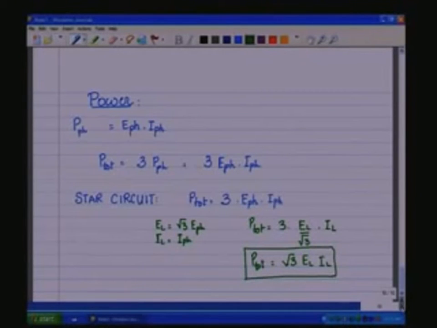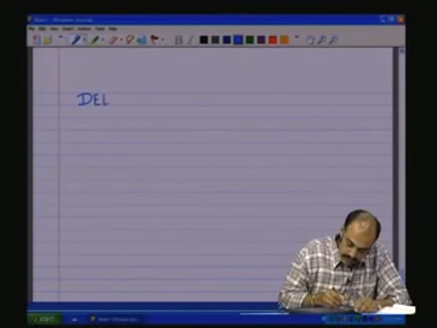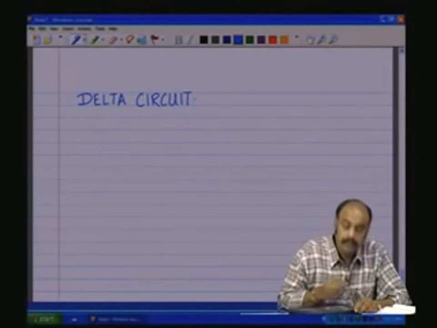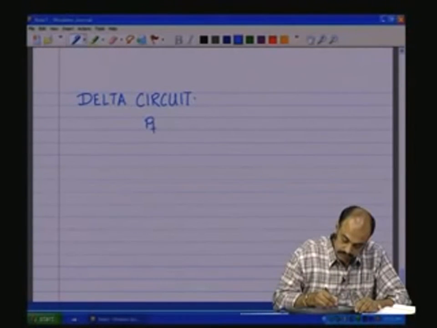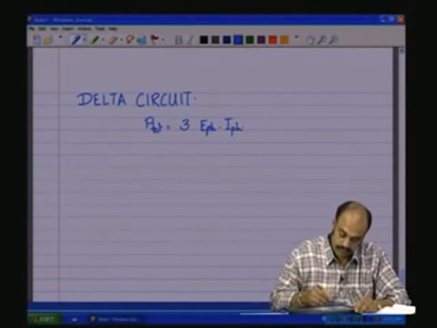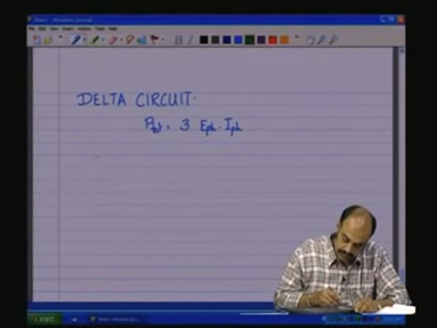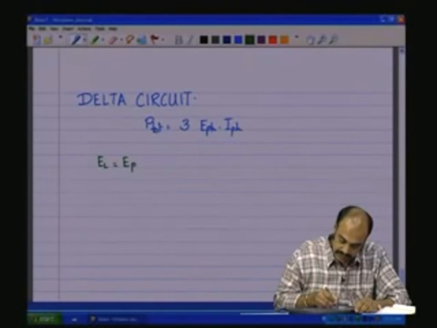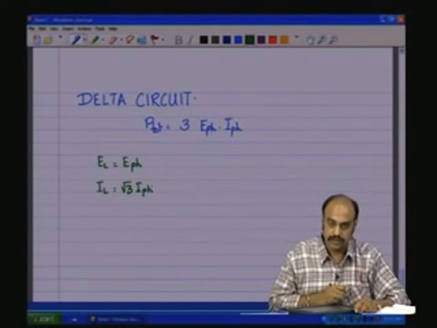Now, in the case of the delta circuit, P total is 3 times phase voltage into phase current, and here the relationship that we are trying to use is E line is the same as E phase. I L, the line current will be root 3 times the phase current, this we saw.